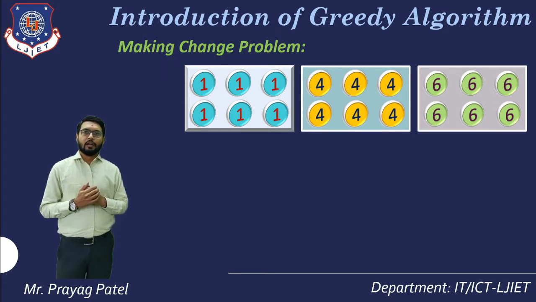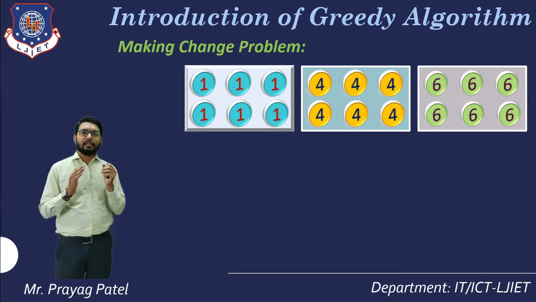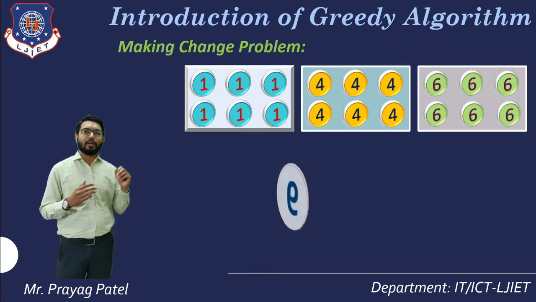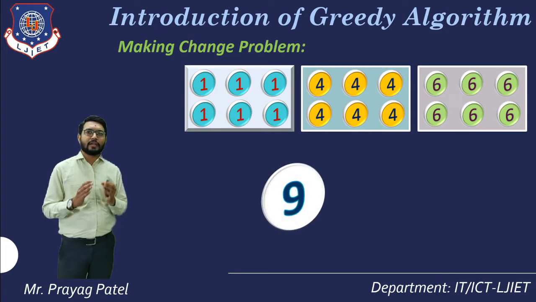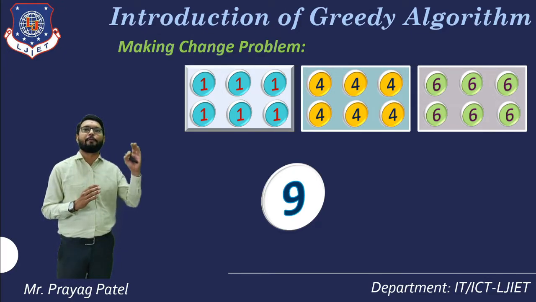Now what is your goal? Your goal is to find the optimal solution. Here optimal solution means finding the change for any number. For example, here we consider change for 9. So if you want to find the change for 9, then which solution is considered optimal? Means making change for 9 using the minimum number of coins.